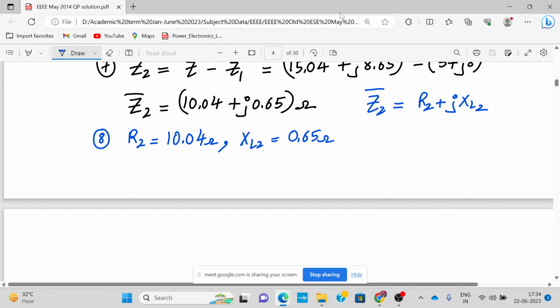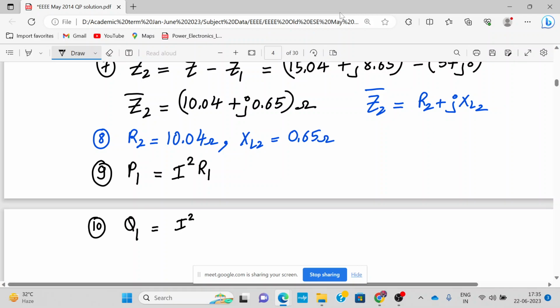Now they are asking, next is active power consumed in both the coils. Active power consumed in coil 1 will be P1 and it is given by VI cos phi. Another formula is I squared into R1. What is the reactive power?